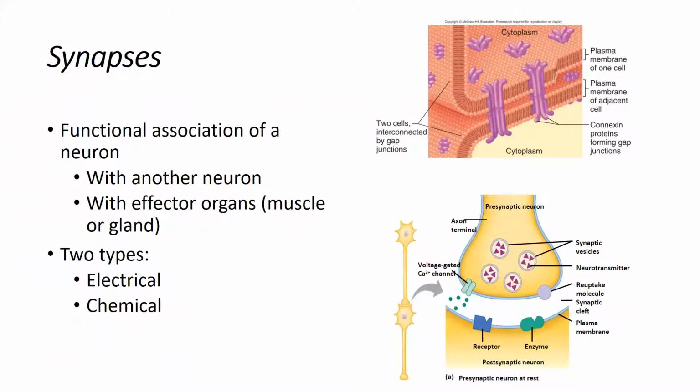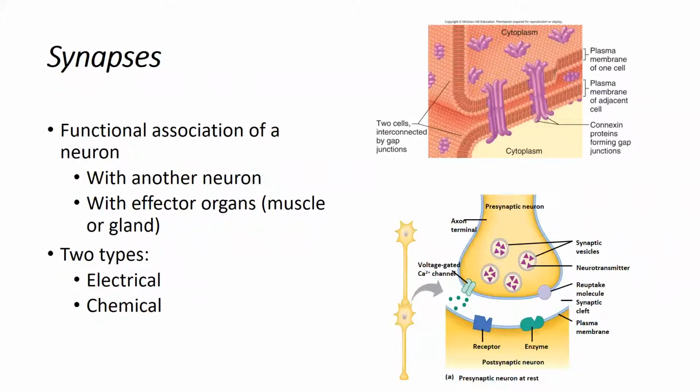Okay, so that was the basic understanding of a synapse and what's happening. Now, with that said, we have two types of synapses, an electrical synapse and a chemical synapse. We're going to speak very limitedly about the electrical synapse, on one slide, and it's not very well understood. There's still a lot of research happening.